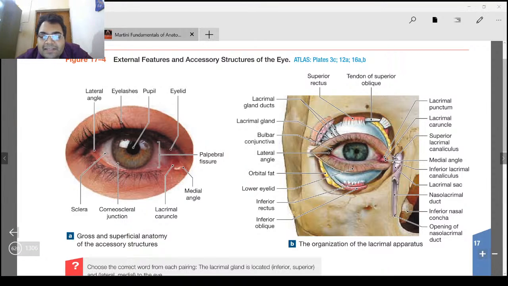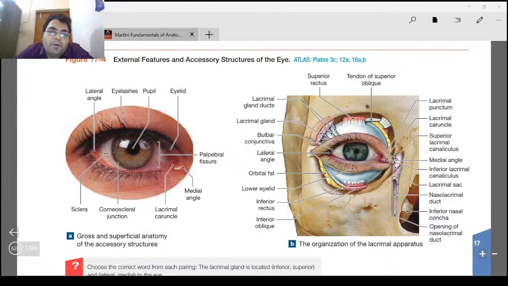They are a continuation of the skin only. We all know that their continual blinking keeps the surface of the eye lubricated. They also act like windshield wipers. In your car you have a windshield wiper; they remove the dust and debris.